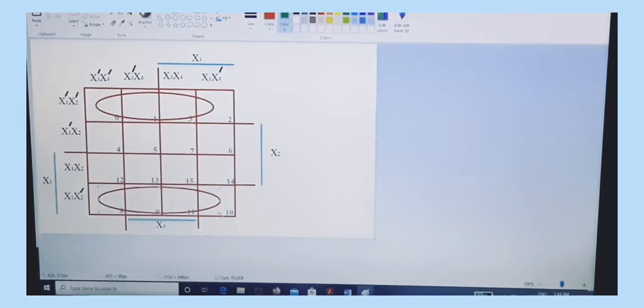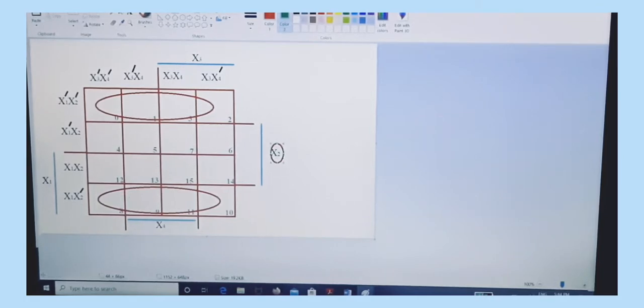Together we have 4 plus 4, 8 cells we have. Now, these 8 cells corresponding to what? See, the remaining 8 cells corresponds to x2. Therefore, the given 8 cells correspond to simply x2 dash. So, like that, if you are given any 8 cells, we can easily simplify.